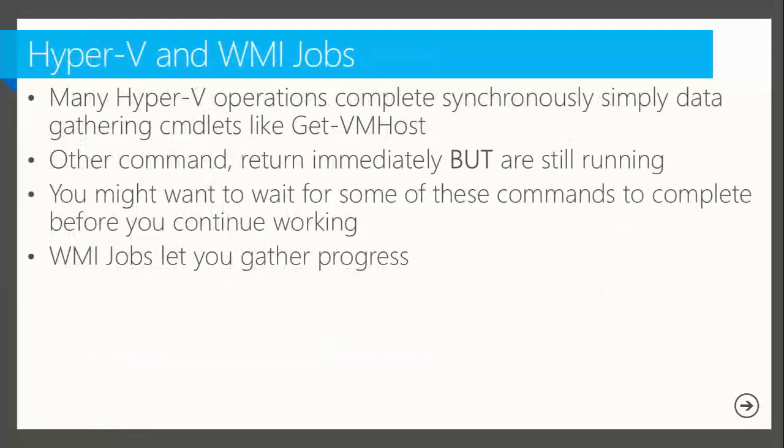Now, the last thing I want to talk about is this notion of Hyper-V and WMI jobs. So one of the things that happens with Hyper-V commands that you execute is some just give me information. For example, the Get-VMHost command is just provided with just a little tiny bit of information. On the other hand, snapshotting a large VM, doing a live migration, those are things that don't just return. And so what they've done is, for those types of commandlets, they've internally implemented asynchronous execution.